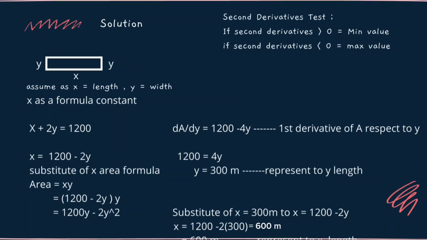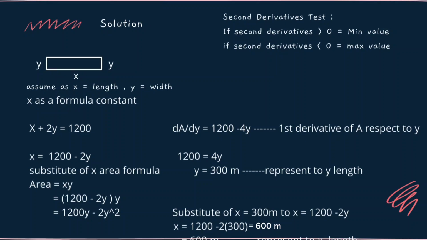From this, we take the first derivative of the area with respect to y and get 1200 minus 4y. We find the value of y and get 300 meters. This represents the width.